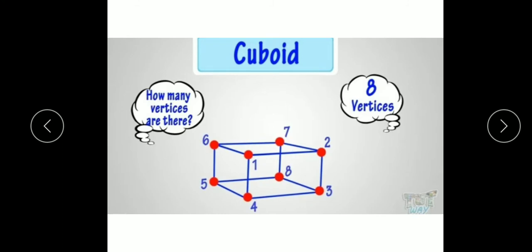Again we have 8 vertices in a cuboid. 1, 2, 3, 4, 5, 6, 7 and 8. So there are 8 vertices, or 8 corners, in a cuboid.